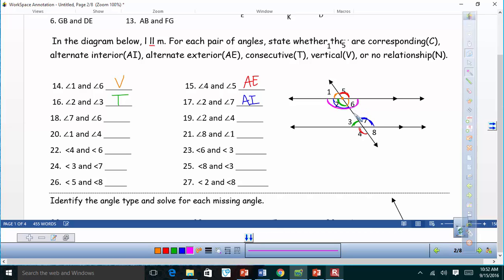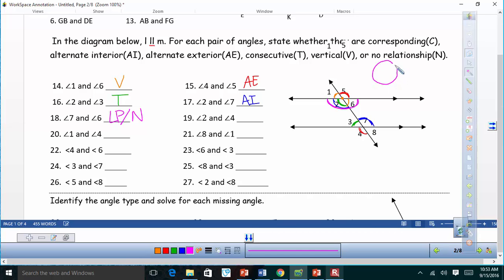No. Okay, so technically they're a linear pair, but we don't have that as a choice up there. I do want you to know, though, these are a linear pair. So right here I'm going to put LP/no relationship, because you will have to use linear pair sum to solve for some angles.